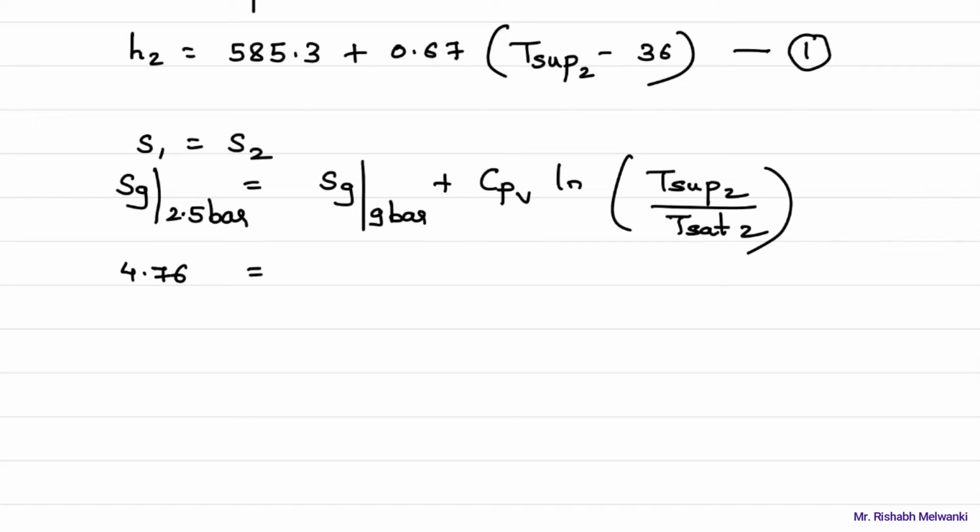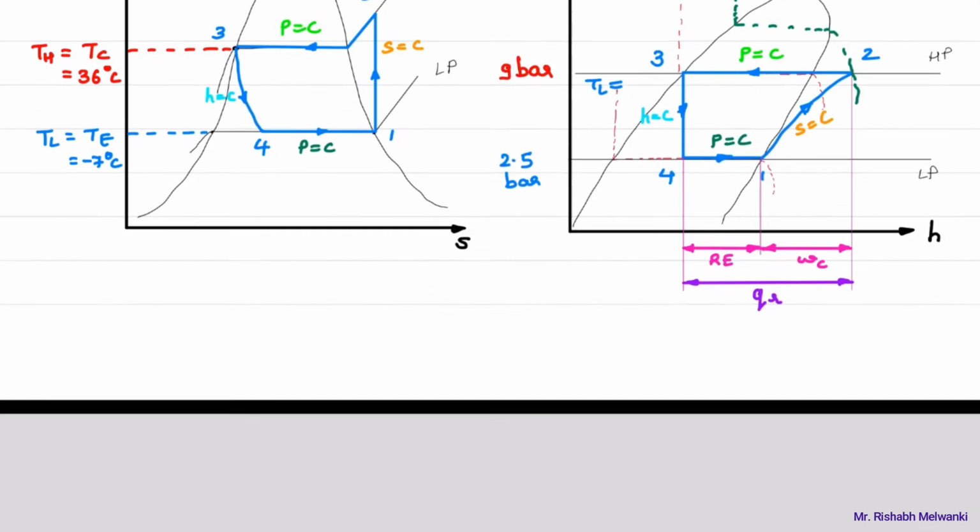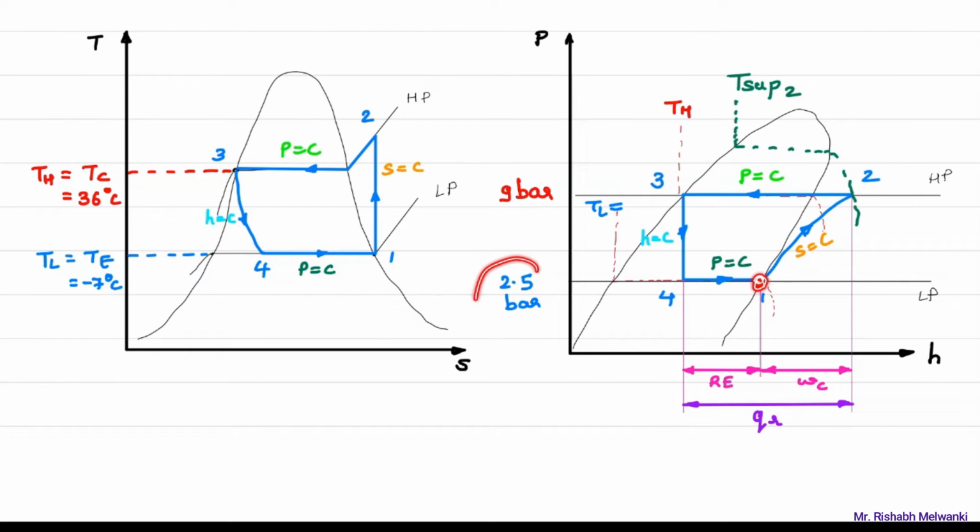Now see, point number 1 is at which pressure? 2.5 bar. Point number 2 is at which pressure? 9 bar. So at the saturation pressure and saturation temperature, you have to see the property. See, the T sub 2 value is greater than 36.